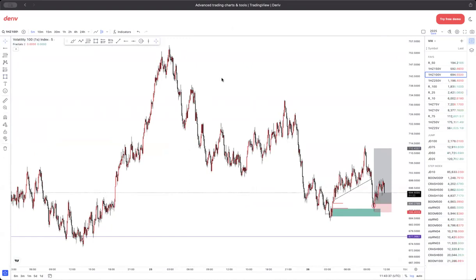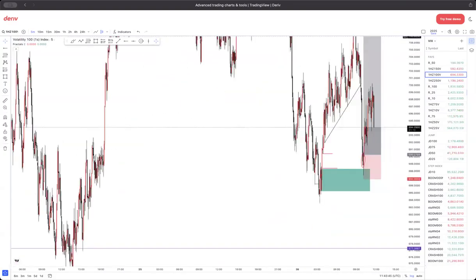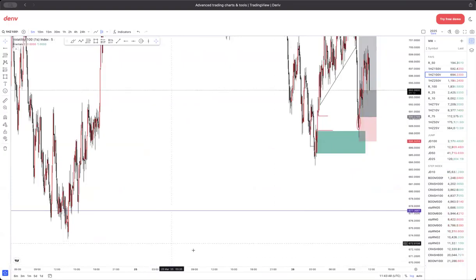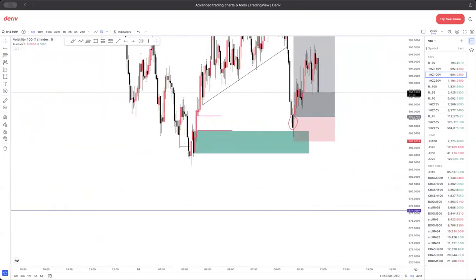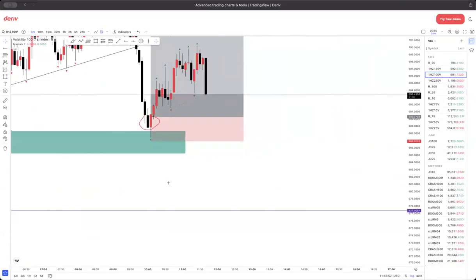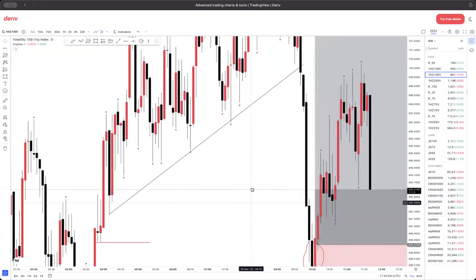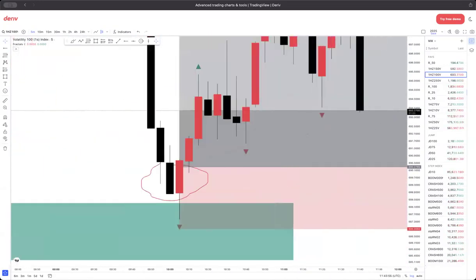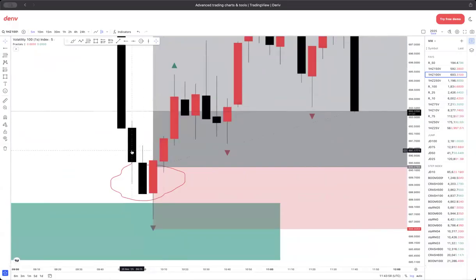So any question? But the bullish candle didn't fully engulf. Engulf, are you sure? It did though. See, in candle stuff now, the wick is nothing.